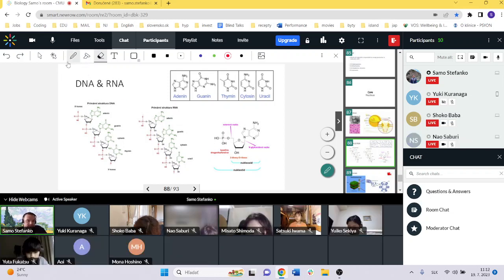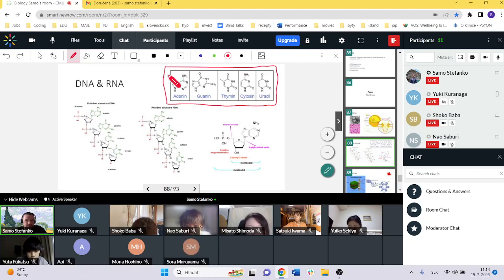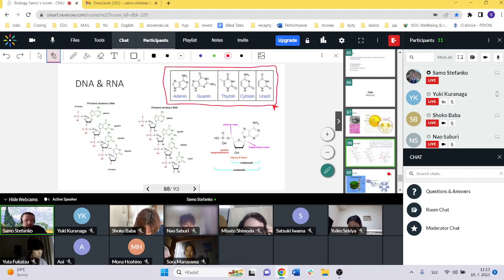As you see here, another difference about DNA and RNA is those here: adenine, guanine, thymine, cytosine, and uracil are the nitrogenous bases. These five are the basic components of DNA or RNA.